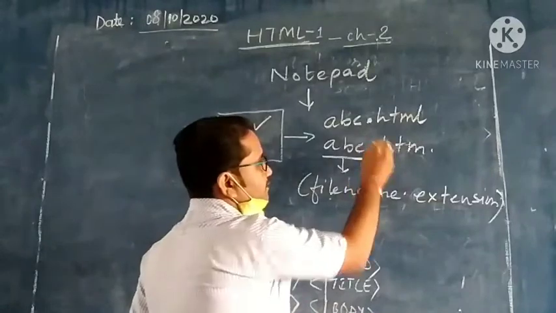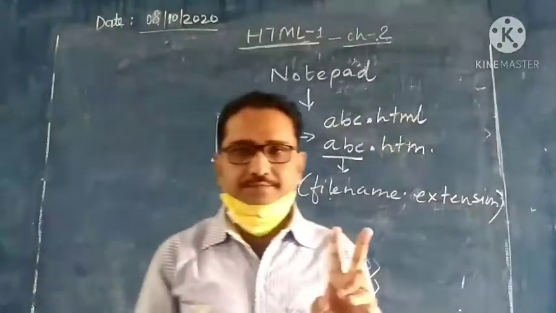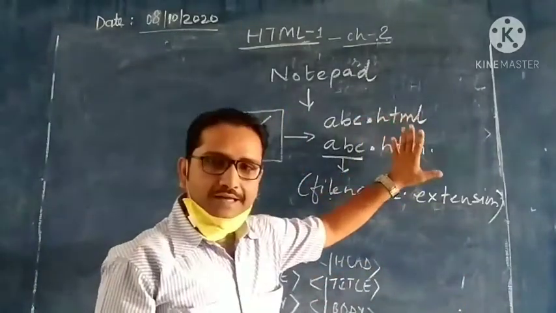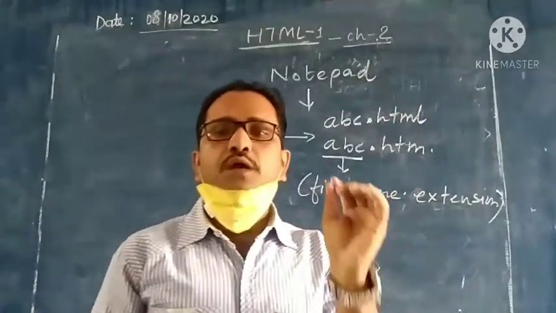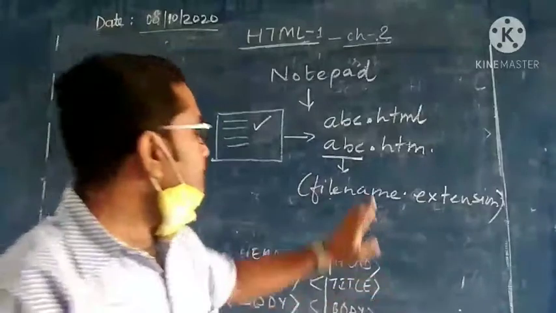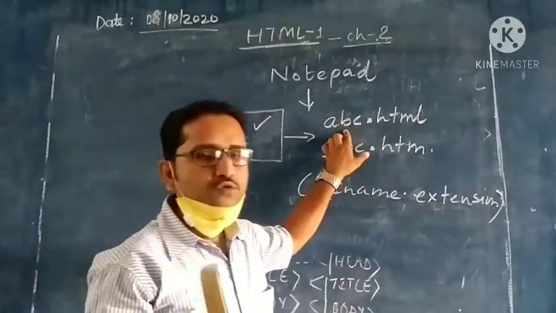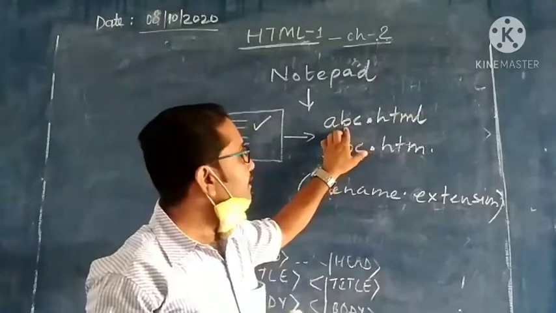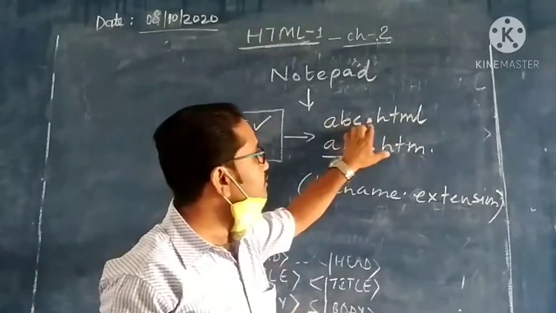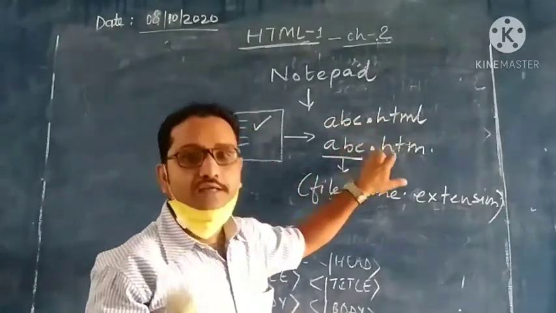And the second one is that we can use two extensions. For one file we write only one extension for saving it, but there are two options. That means we can save the file either as abc.html or abc.htm.